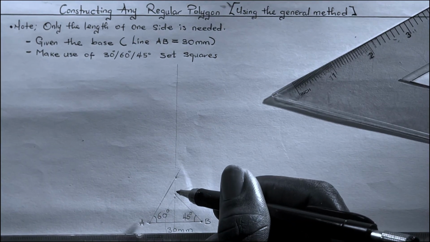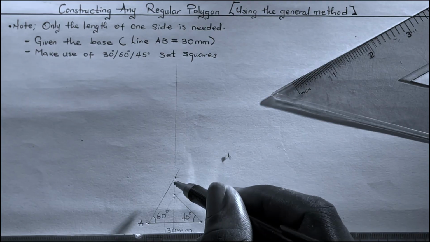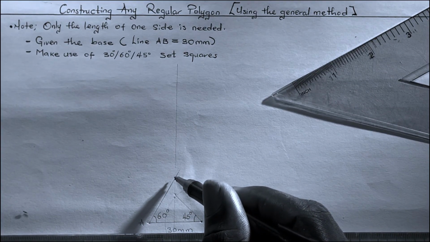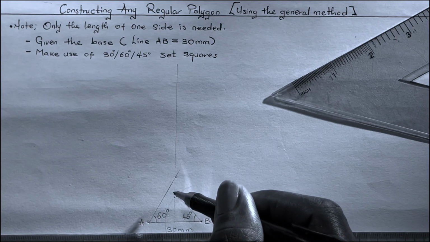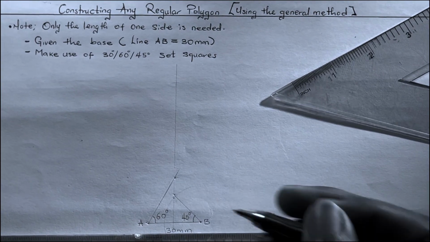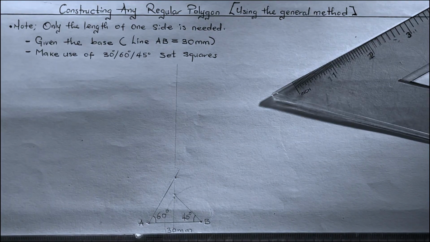So what we are to do next is to bisect the distance between the point at which we have our 60 degrees and the point at which we have our 45 degrees. To do that, I'm going to be making use of our compass for the bisection.